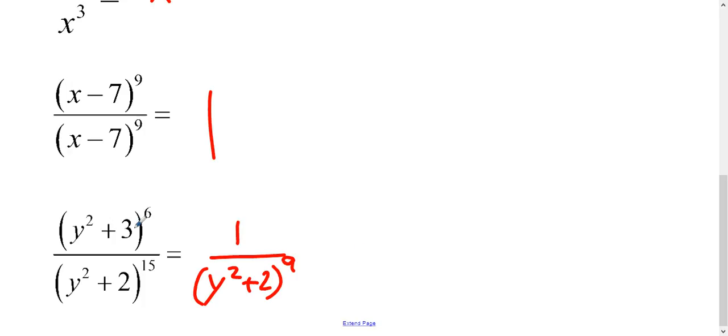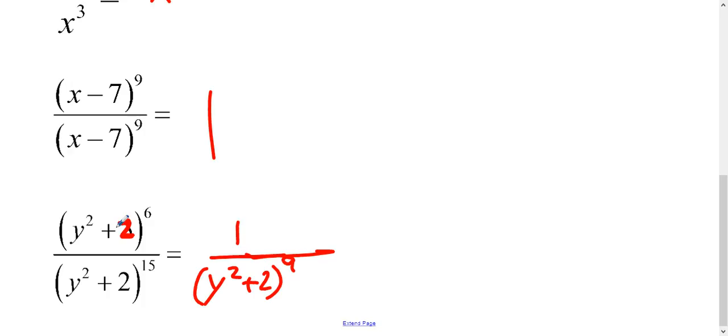Except with this one, I think it's actually a typo, but the bases aren't the same, so you actually can't do anything. Yep. If the bases are different, you leave it, you can't do anything to it. So the way it's written, you can't do anything, except that's supposed to be a 2. I typed it wrong.